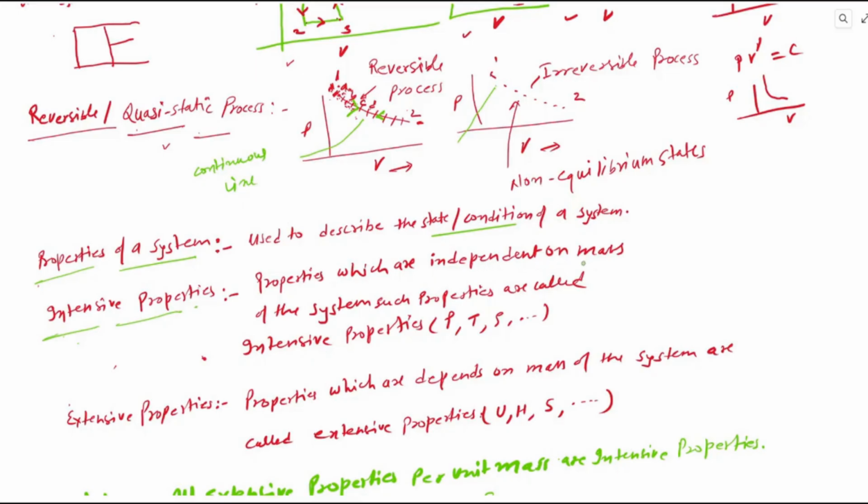Intensive properties means the properties which are independent of the mass of the system. Such properties are called intensive properties. For example, temperature. If I give one example here, we have a container which is filled with water, right.